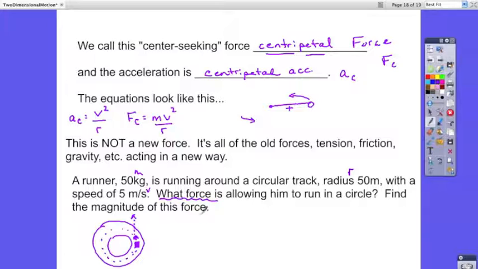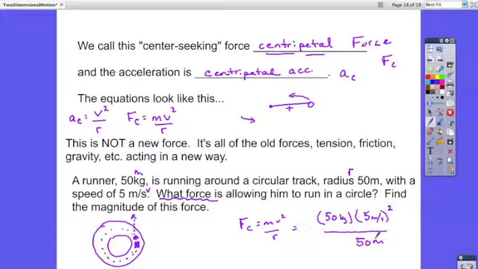So let's calculate it. Centripetal force is mv squared over r. The mass was 50 kilograms. Velocity is 5 meters per second, v squared, and the radius is 50 meters.